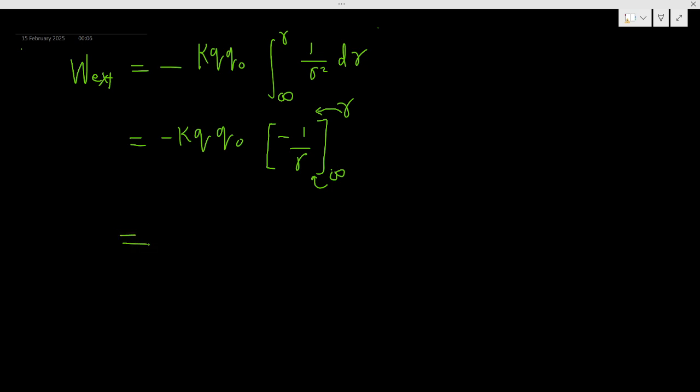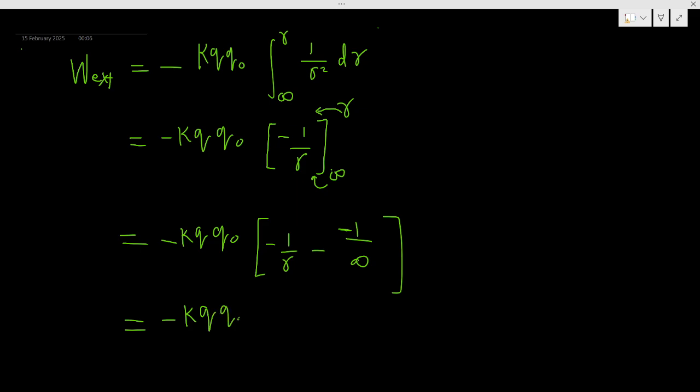So what we will get? K Q Q naught, minus 1 by r minus 1 by infinity, and here another minus. That minus comes from above, where we have minus 1 by r, so that minus carries over here. Now minus K Q Q naught times minus 1 by r, and what is 1 by infinity?